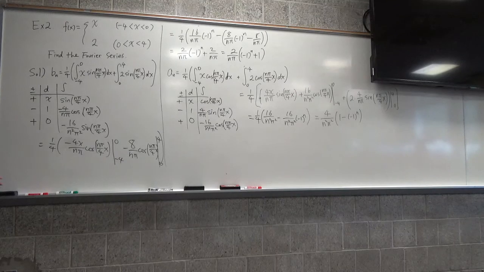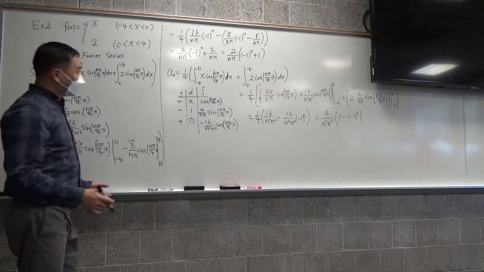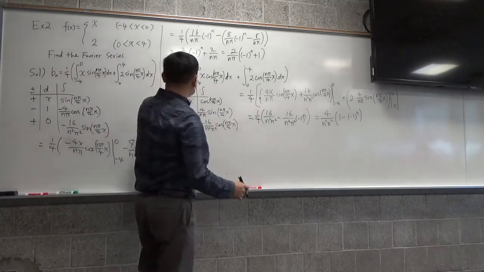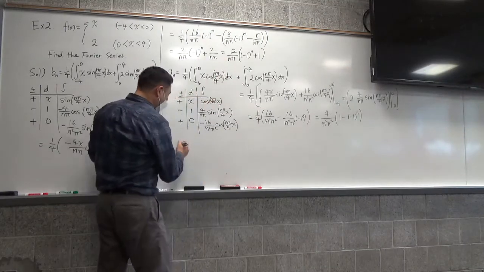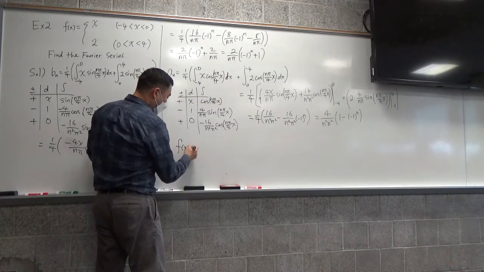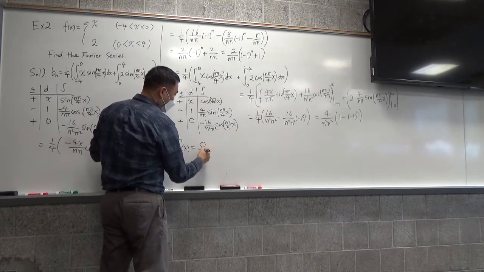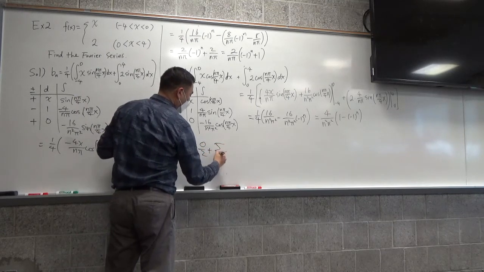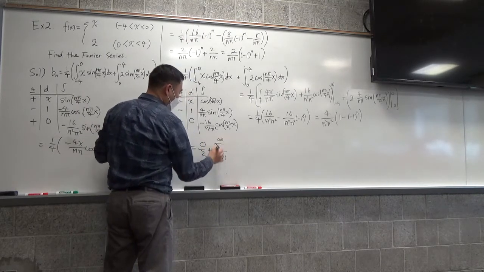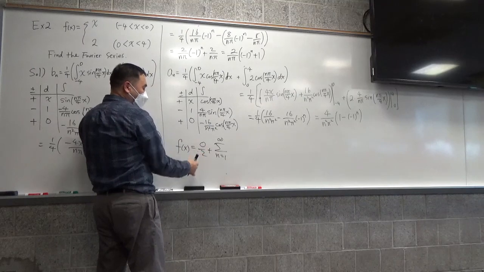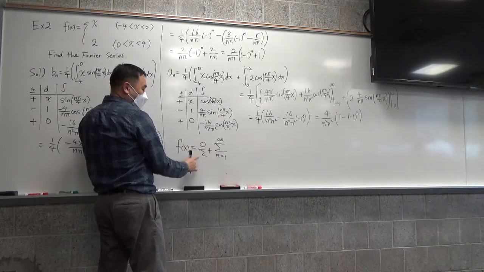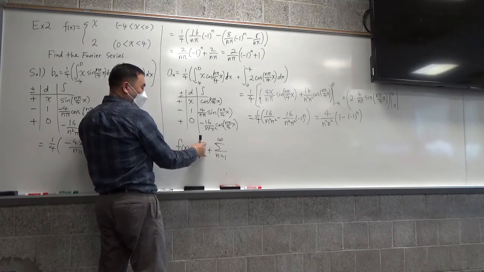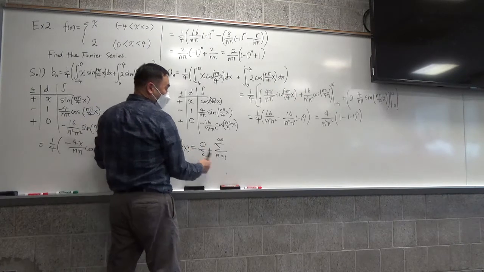All right, so this is the result that we get. We get A0 is 0, An is this, and Bn is this, and therefore the final answer is f of x equals 0 over 2 plus the sum from n equals 1 through infinity. Since this is 0, I don't have to write anything, but I just want to stress the fact that A0, whatever you get, has to be divided by 2. Don't forget that.